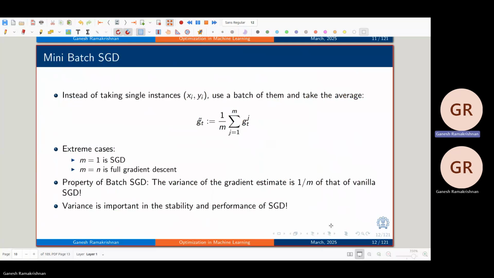And outside, we'll have 1 upon the number of groups, which is n divided by m. Or, to put it better, you just say m upon n outside. Is this clear?